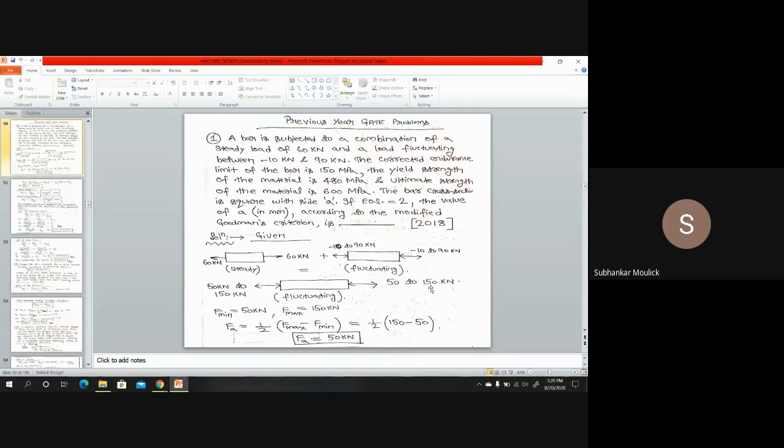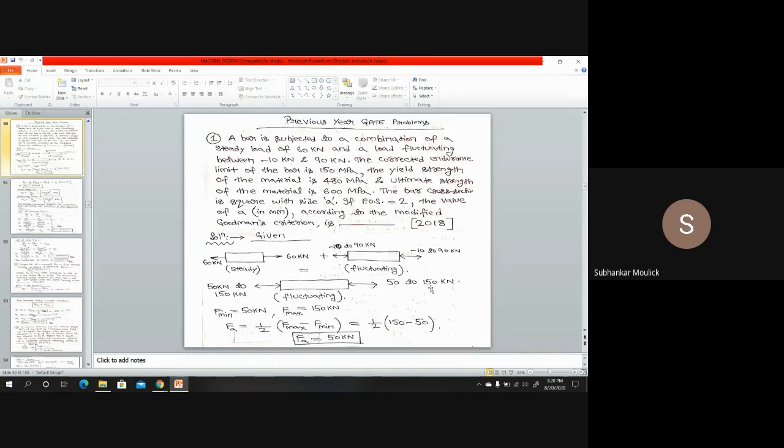So overall on this bar a fluctuating load is acting which is varying from 50 kilonewton to 150 kilonewton. Is the step clear? Yes, sir. That means F minimum is 50 kilonewton and F maximum is 150 kilonewton.